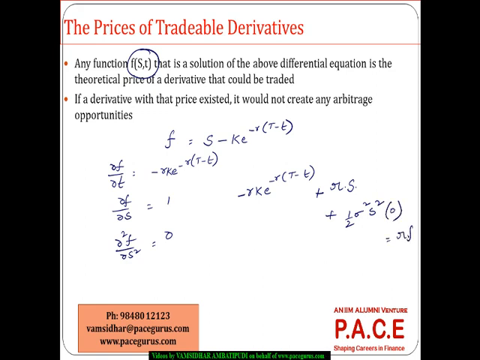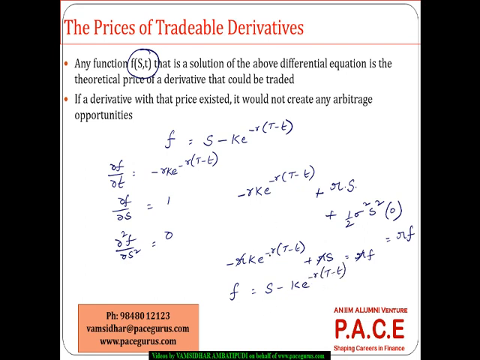This is becoming equal to rf. So minus r K e^(-r(T-t)) plus rs is equal to rf. r I can take out across. So f is coming out as s minus K e^(-r(T-t)).